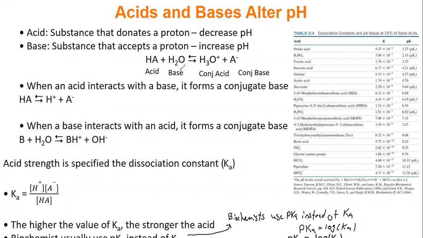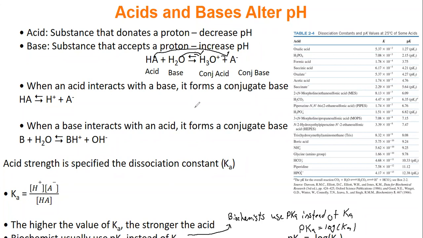And hopefully you remember from general chemistry that when a base, here water, takes on a proton, it makes what's called a conjugate acid. And when an acid loses a proton, it makes what's called a conjugate base. And these are called conjugate pairs, right?